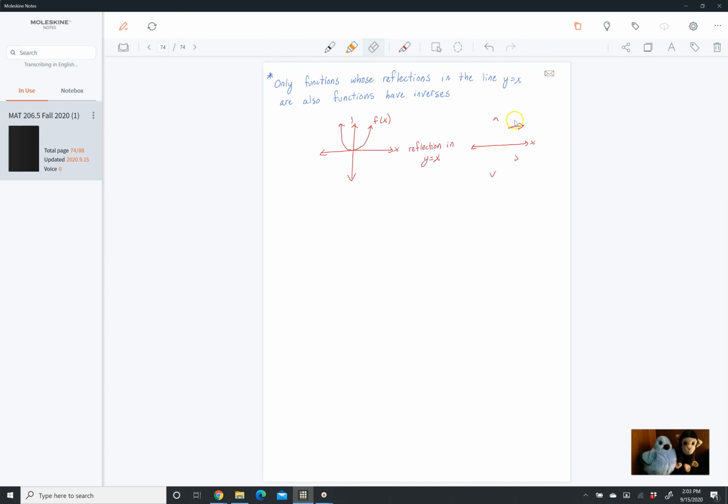I'm going to redraw this because it didn't come out looking like a function. Okay, there you go. This is the reflection in y equals x. But this is not a function.